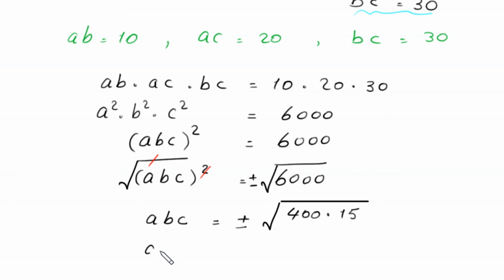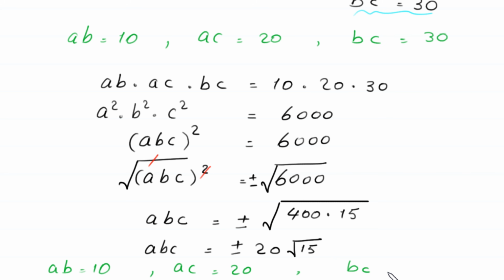So the value of abc is equal to plus minus square root of 400 is 20, times square root of 15. Now we rewrite these equations here: ab is equal to 10, and ac is equal to 20, and bc is equal to 30.